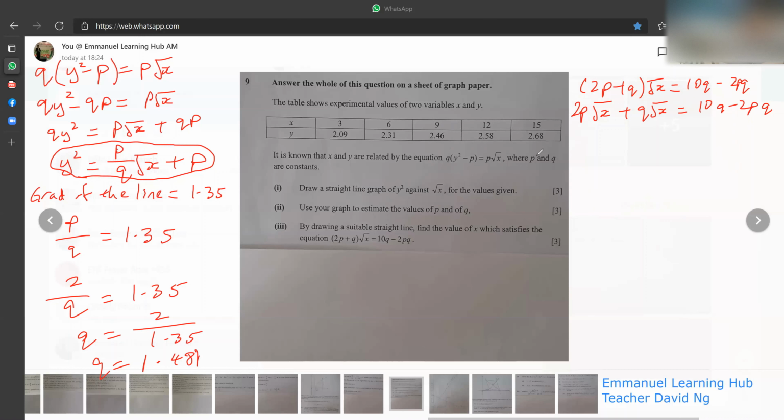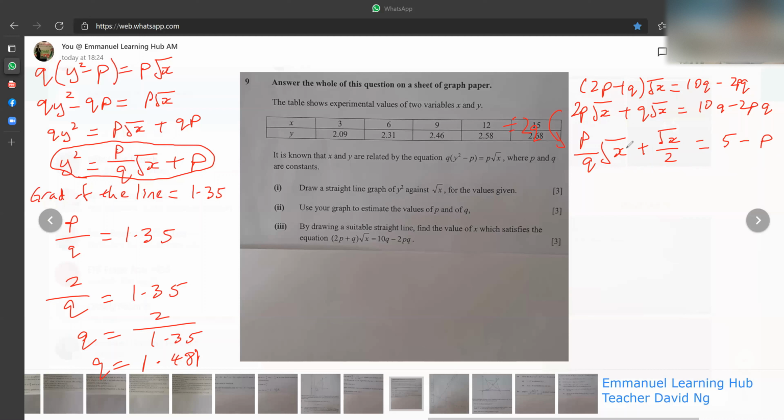So I have p over q square root x divided by 2q, I will have root x over 2, equal to 5 minus p. Okay, I divide by 2q. I'll get this equation here.